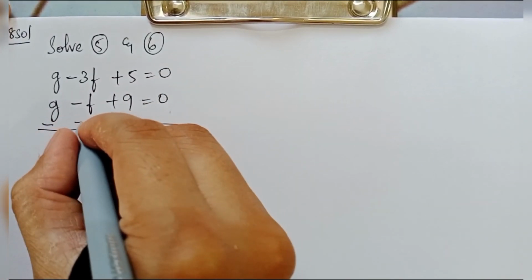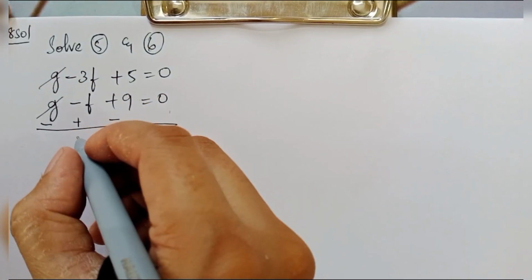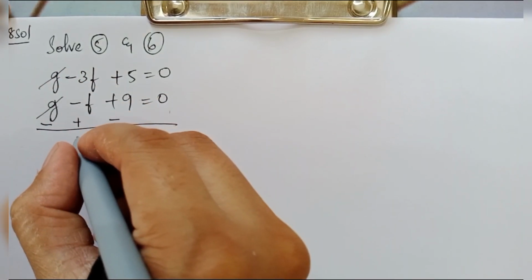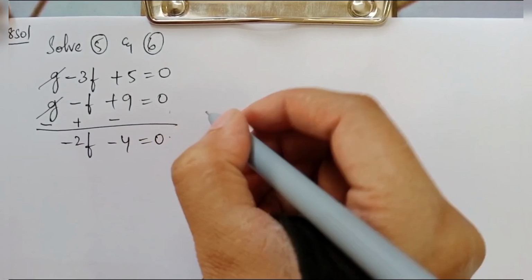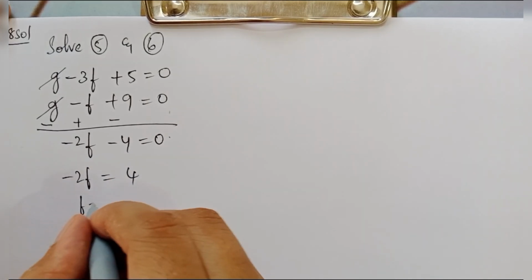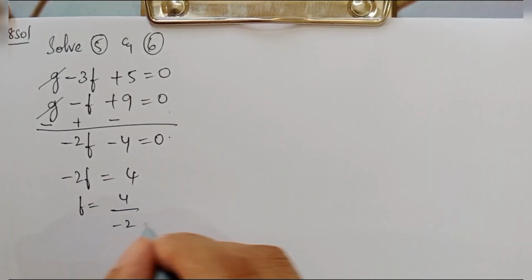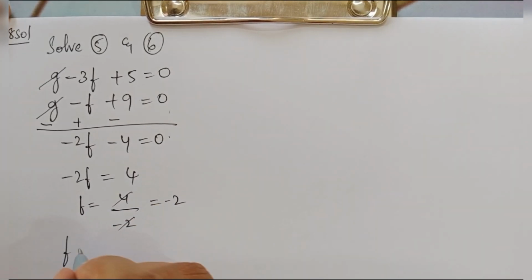Subtracting, cancelling the g term, here it will be minus 2f, and here it is minus 4 equals to 0. So from here we'll get minus 2f is equal to 4, so f is equal to 4 by minus 2, which is equal to minus 2. So the value of f is minus 2.